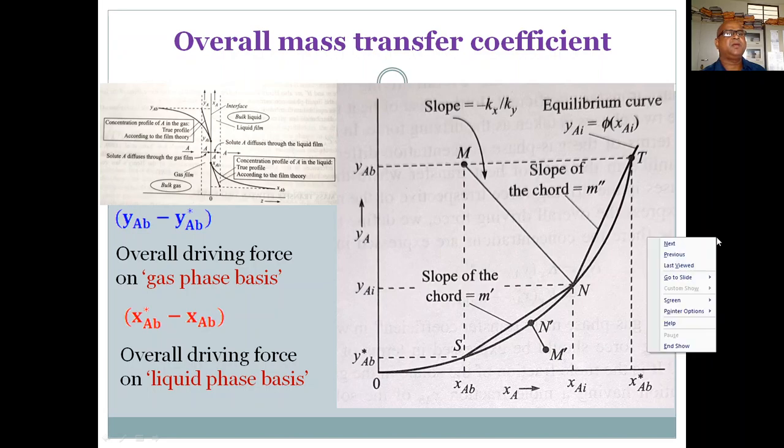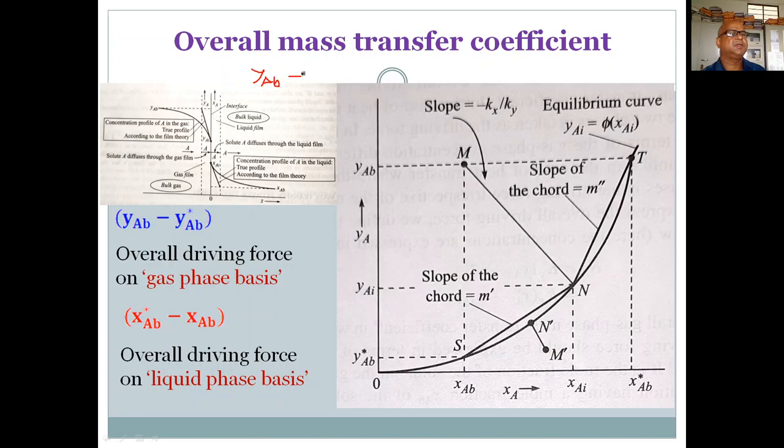So can you make something as a driving force, YAB minus XAB, equal to some coefficient, let's take an overall mass transfer coefficient K. So why am I saying overall?